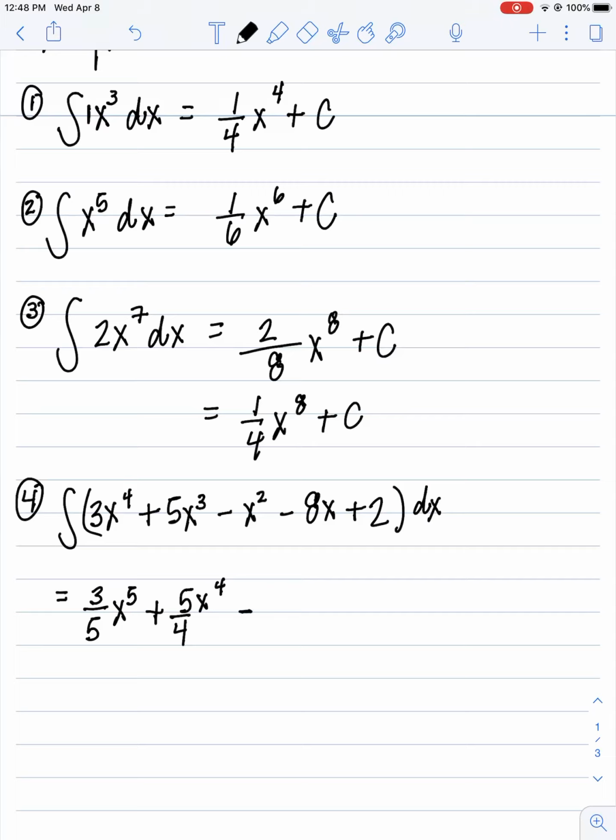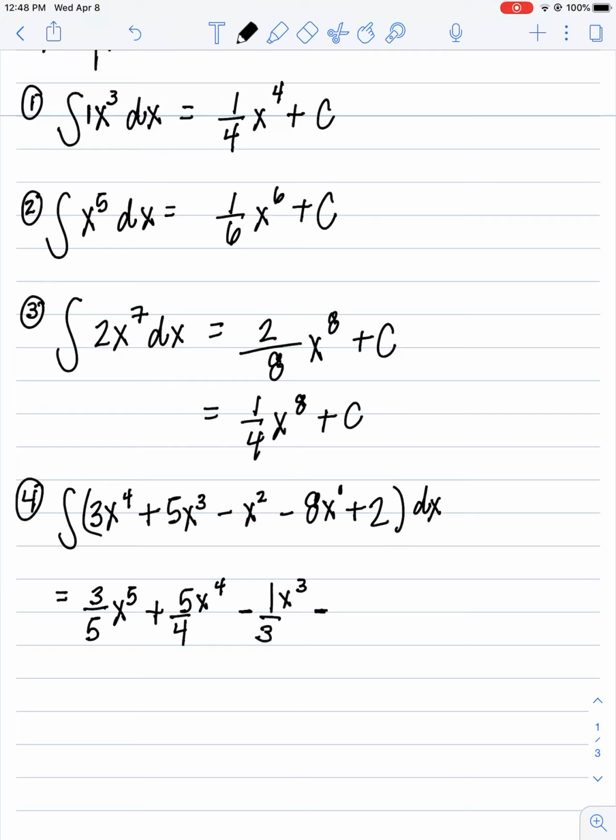We need to divide by 4. Very nice. Minus x squared. Well, x squared will become x to the 3rd. There's an imaginary 1 in front. And we need to divide by 3. You're exactly right. Okay, so simply every single time I add 1 to the exponent and I divide by that exponent.